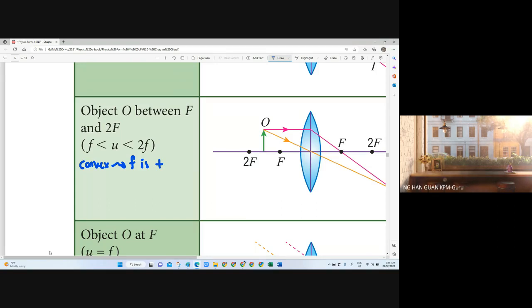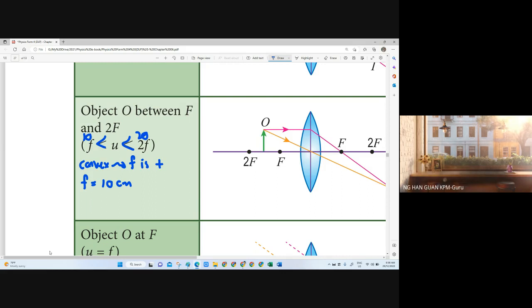So when we want to do the calculations, we try to get any value. Example, okay, assume, let's say f equal to 10 centimeters. Just put any value. So now O is between F and 2F, so it means that it's between 10 and 20. So you just get any number between 10 and 20 as an object distance.